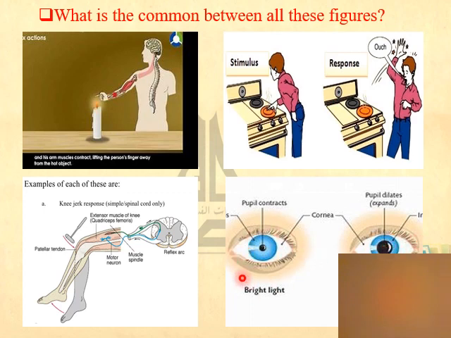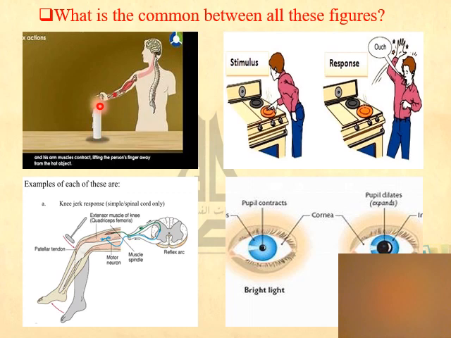So the common between these four figures, first of all, is that all of them are receiving a stimulus, right? What is the second common between them? If you notice, in the four figures, our body is also making a response. It is inducing a reaction due to the stimulus that we received. How?